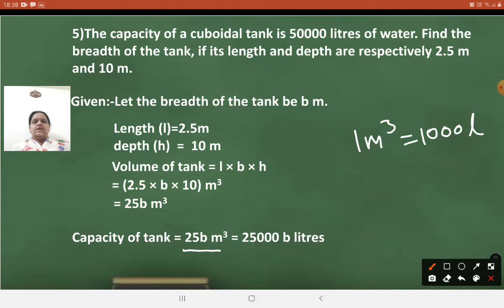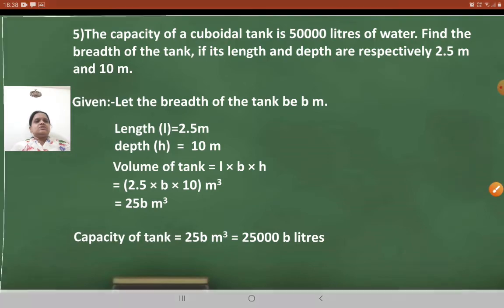We got 25 B meter cube, so it will be 25,000 B in liters. Why have we converted into liters? Because the capacity is given as 50,000 liters. Therefore, we have converted this into liters.